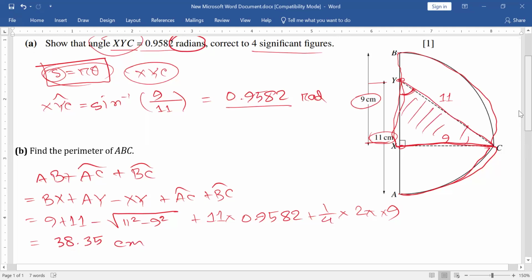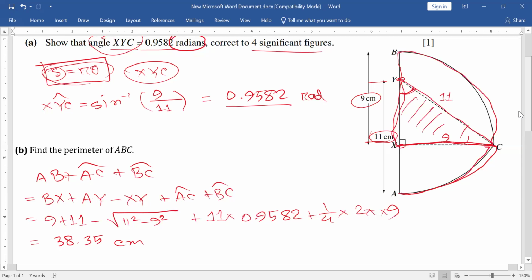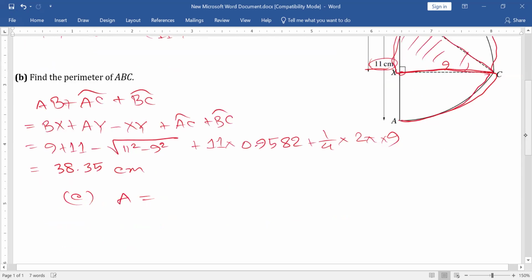So first we have to add two sectors, sector BCX plus sector ACY, and then we have to subtract triangle XYC.